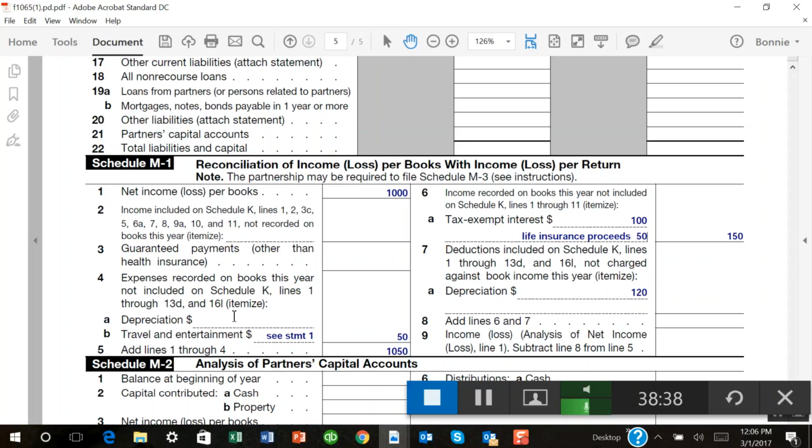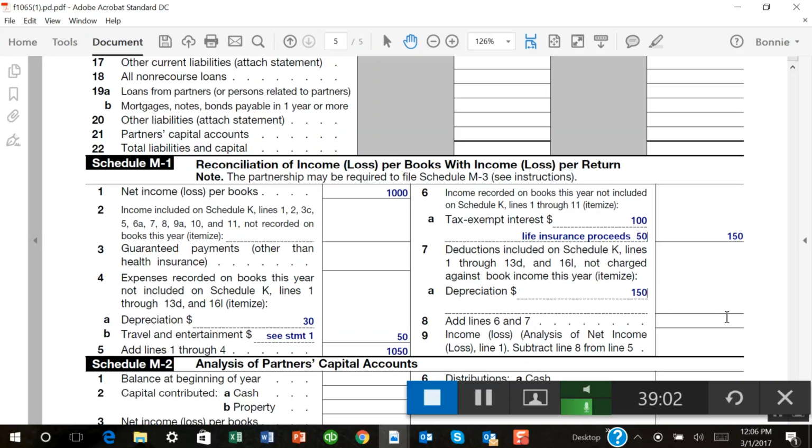Or you can list your book depreciation here and your tax depreciation here. Does that make sense? You can do it either way. Either way will be right. And some people prefer to do it one way over the other. But you do need to list the difference between your book depreciation and your tax depreciation on Schedule M1.